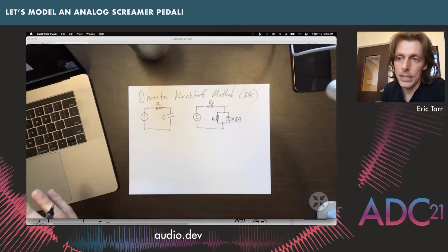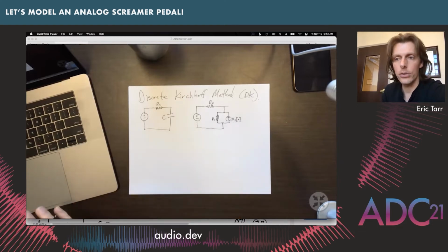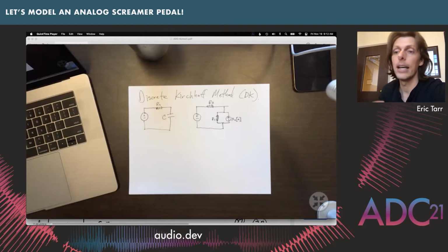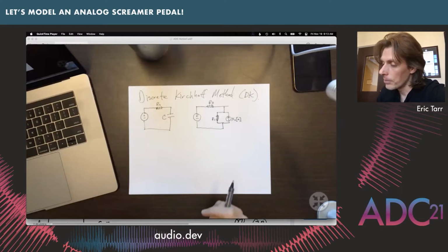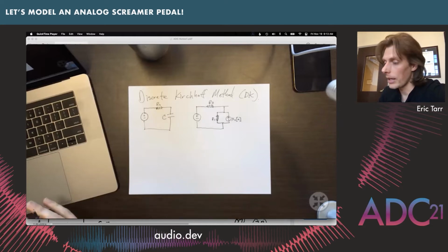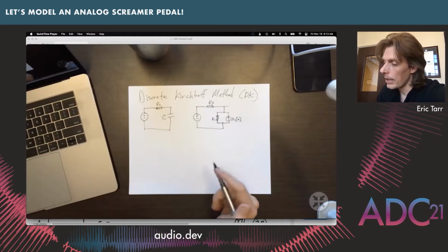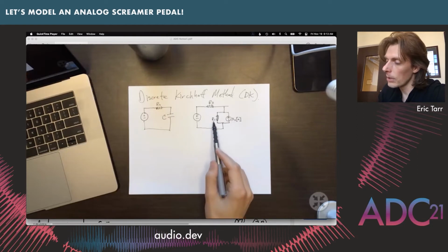I don't have the time to go into the derivation for how this works. I have a lot of it in my notes if you want to read through some of that. There are also some really good papers that you can find on DAFX that go through the derivation of the Discrete Kirchhoff method, so I'm happy to connect you with those kinds of sources. So what we'll do is calculate some resistance for it.